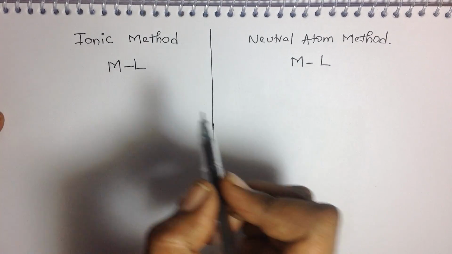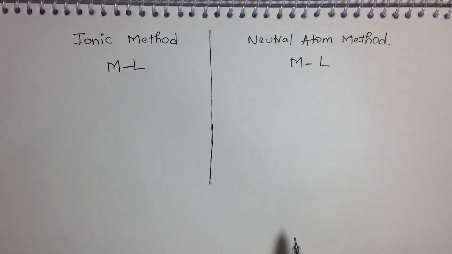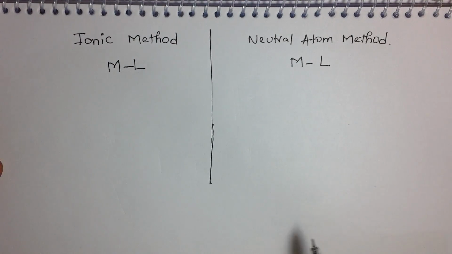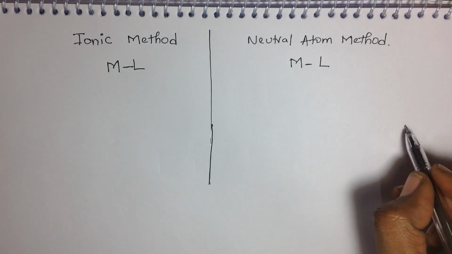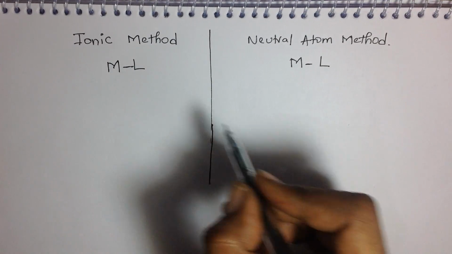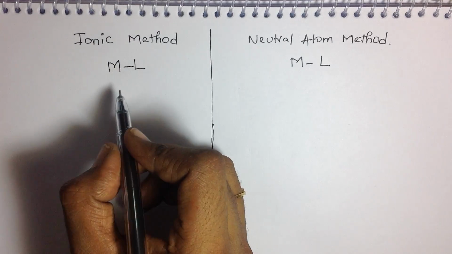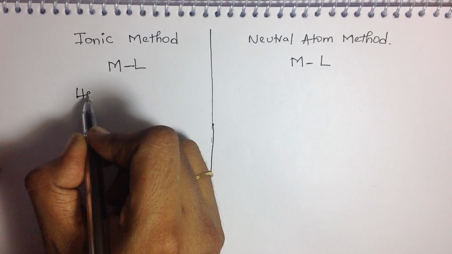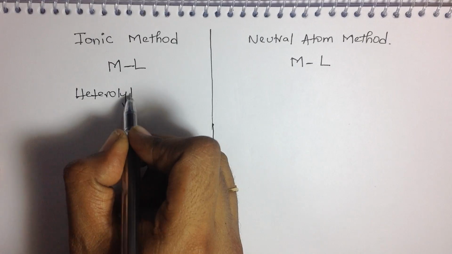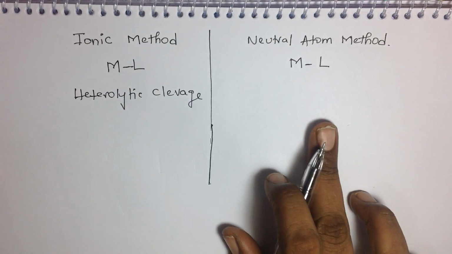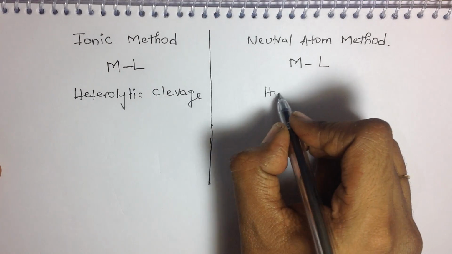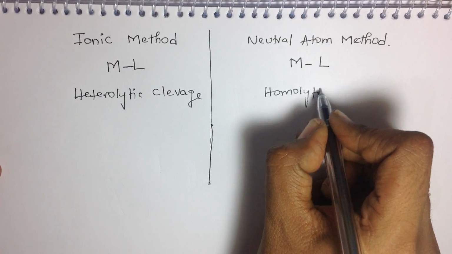In general there are two types of cleavage, homolytic cleavage and heterolytic cleavage. The ionic method always follows heterolytic cleavage. But what about the neutral atom method? It follows homolytic cleavage.